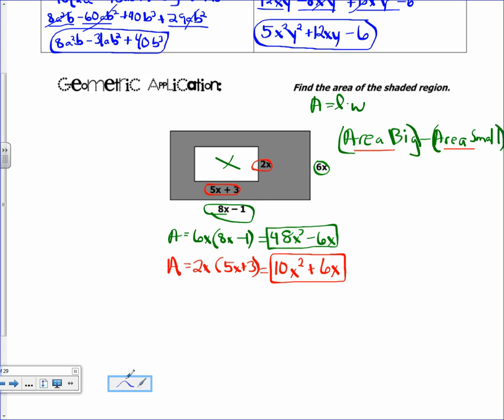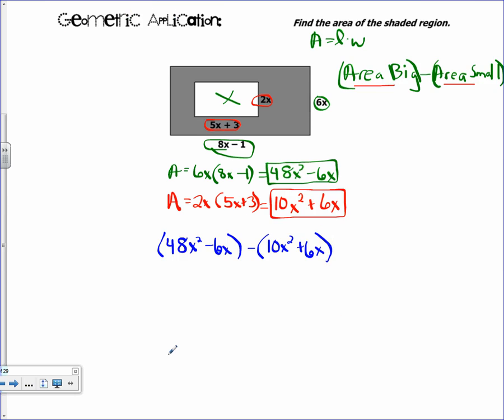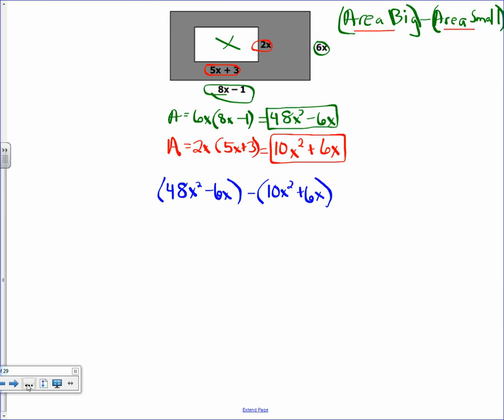Let's use blue. So big area, that's going to be 48x squared minus 6x, minus the small area, 10x squared plus 6x. And remember from last lesson, we did some subtracting of polynomials. You can change this to add the opposite, and you're going to change the sign of everything in here.